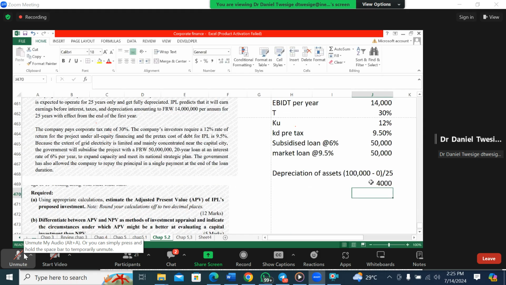That's the depreciation. And they have told us the asset will depreciate fully to 0 in the last year, and they have not told us that we are going to have a balancing allowance at the end.